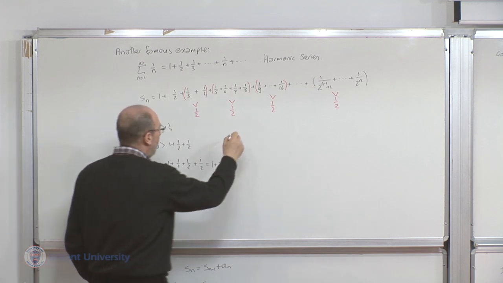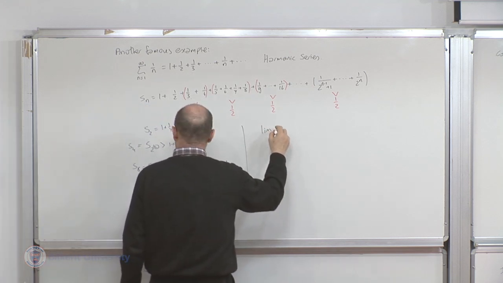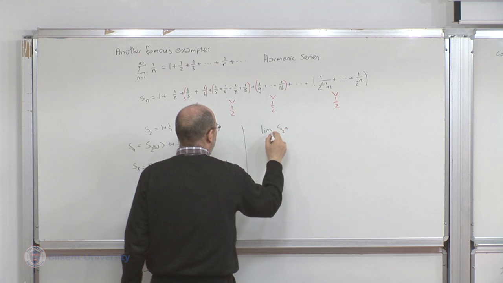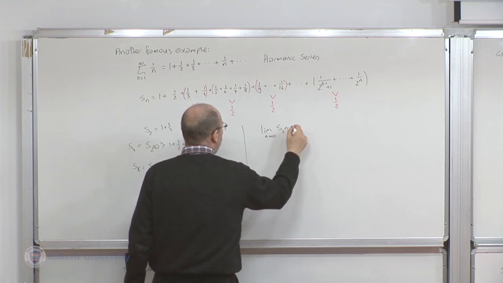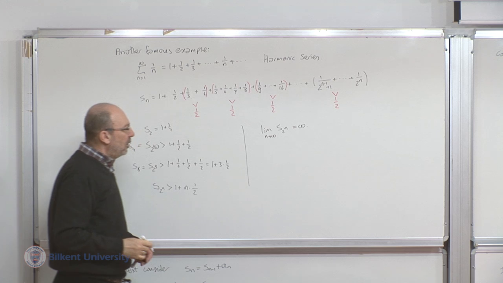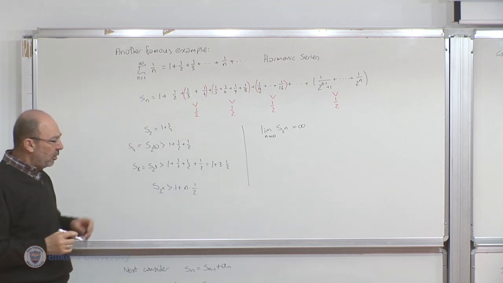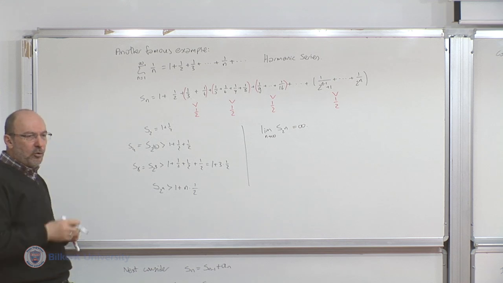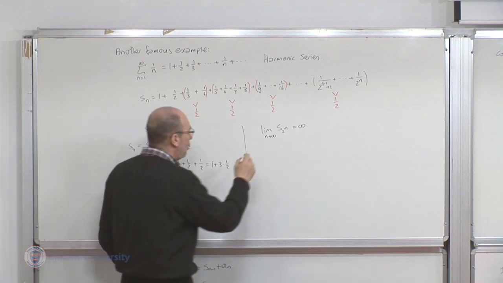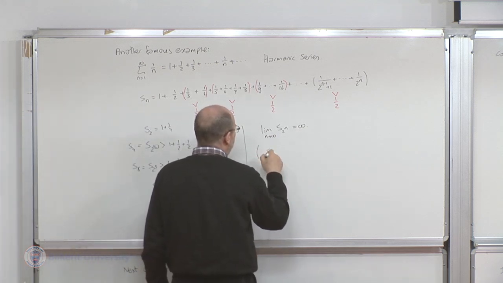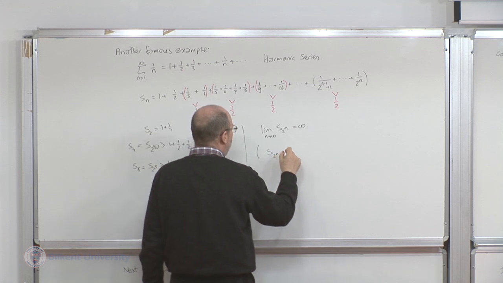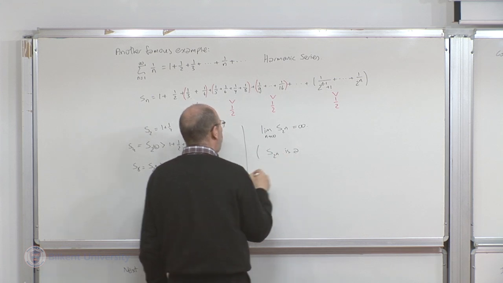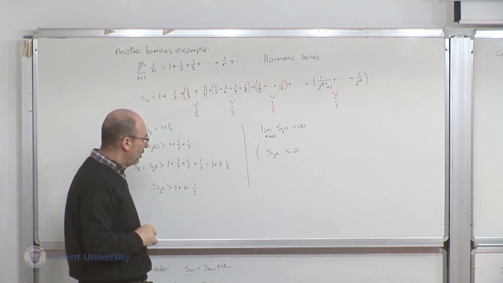Okay, so the limit of S2 to the power n as n goes to infinity is equal to infinity. So this is a subsequence of the sequence of partial sums. A subsequence goes to infinity, so the sequence itself is divergent. Remember that this is what goes through our mind. If you want this formal, you put parentheses here, etc., but in this class, I'm using this as a shorthand.